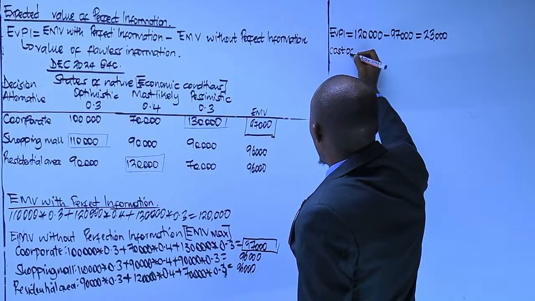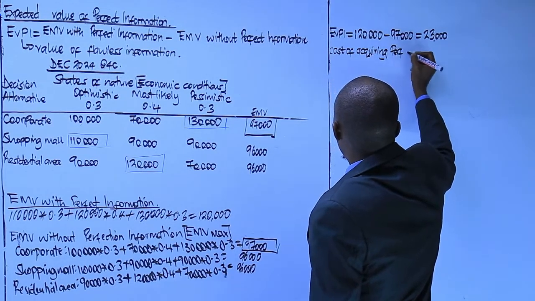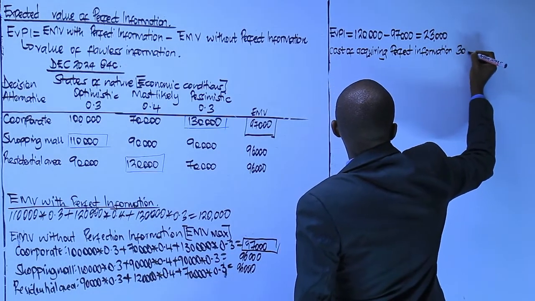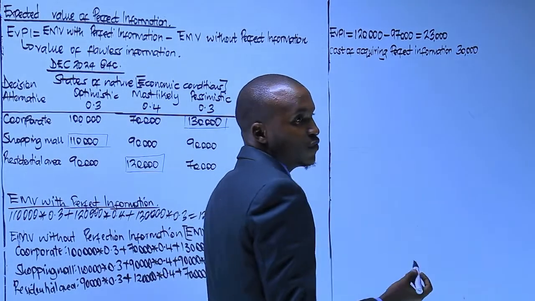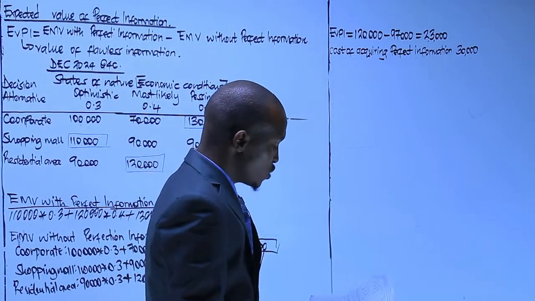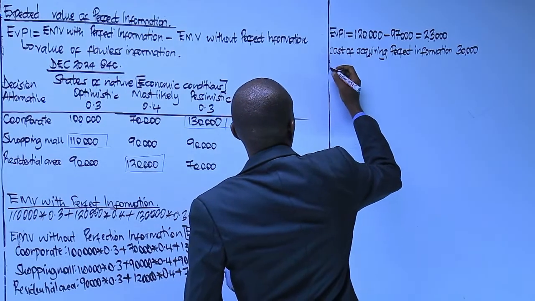The cost of acquiring perfect information is how much? 30 million, so 30,000. So when you acquire perfect information, it will be worth how much? 23. But how much do you expect to incur for it? 30. So therefore, what will you advise them?